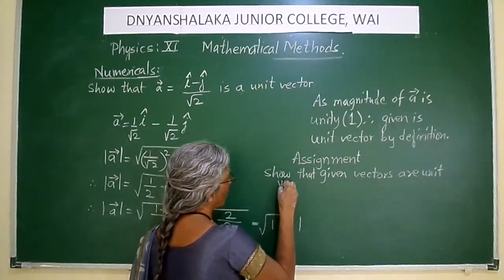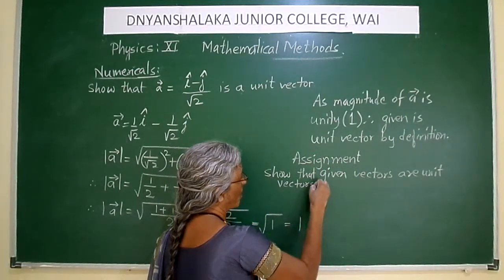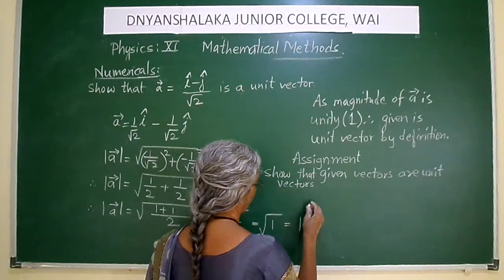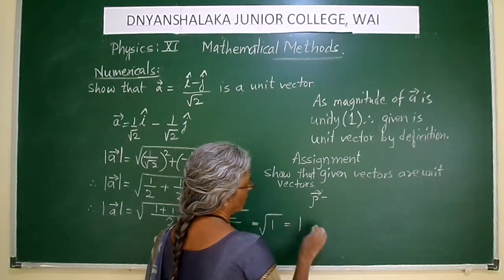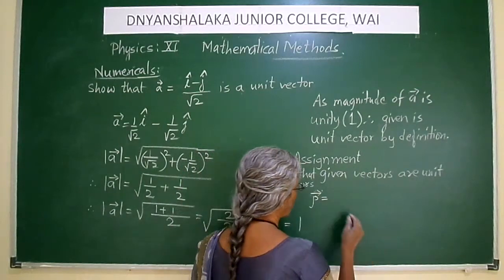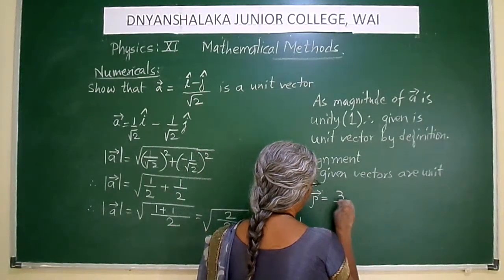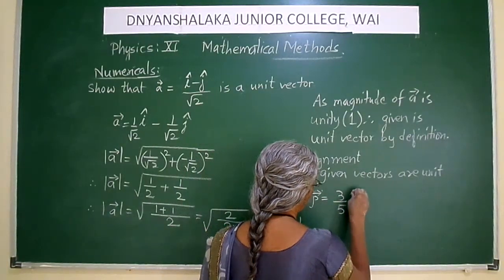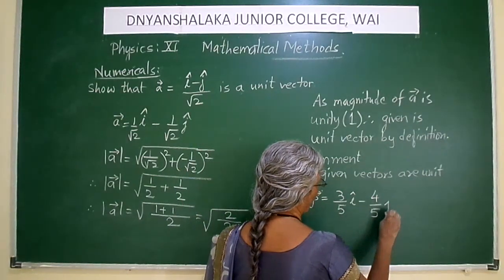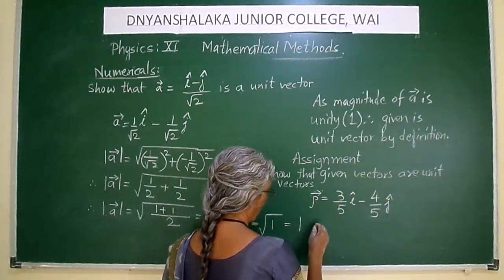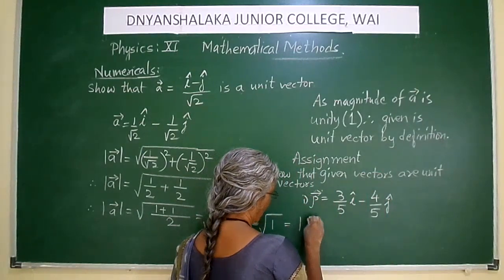Here I am giving you some vectors and you have to prove that these vectors are unit vectors. Let me take this as vector P, equal to 3 upon 5 i minus 4 upon 5 j. One second.